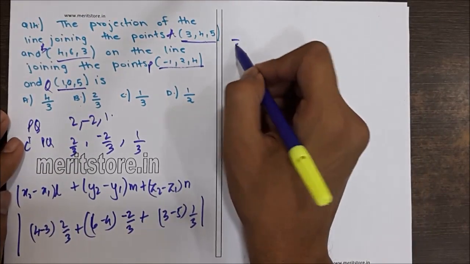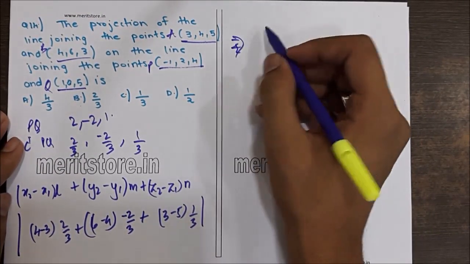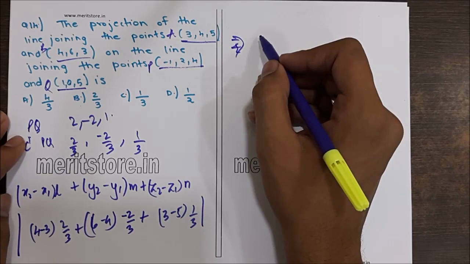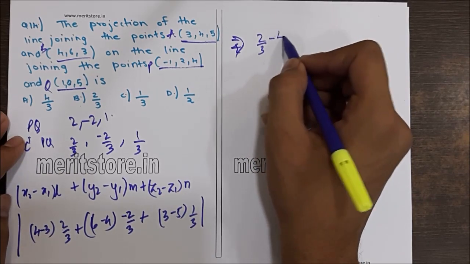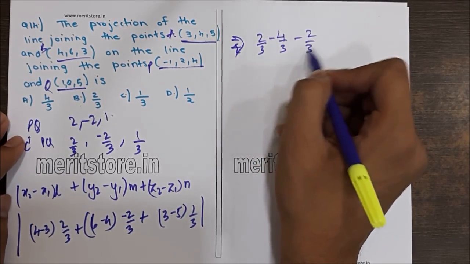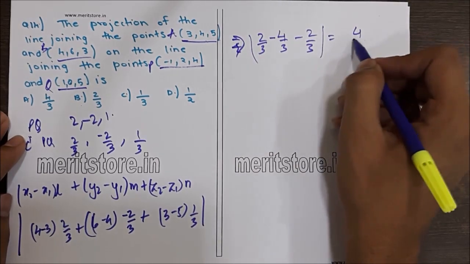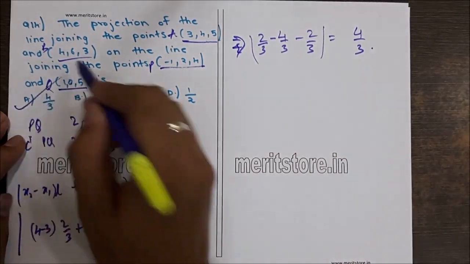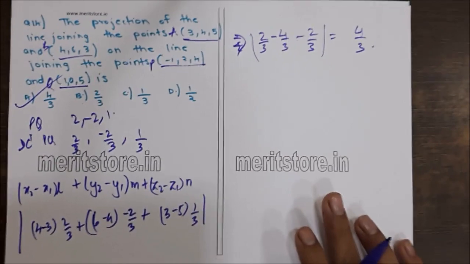So we get 2 by 3 minus 4 by 3 minus 2 by 3. The answer would be 4 by 3. Correct answer is option A.